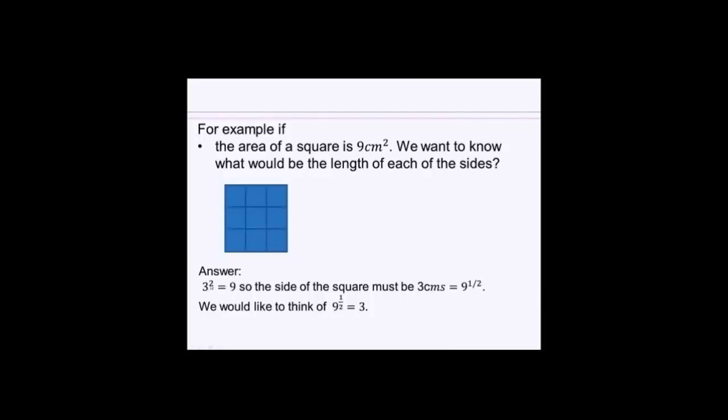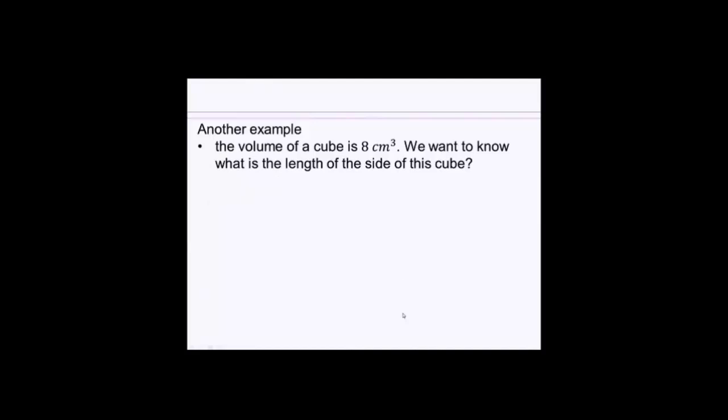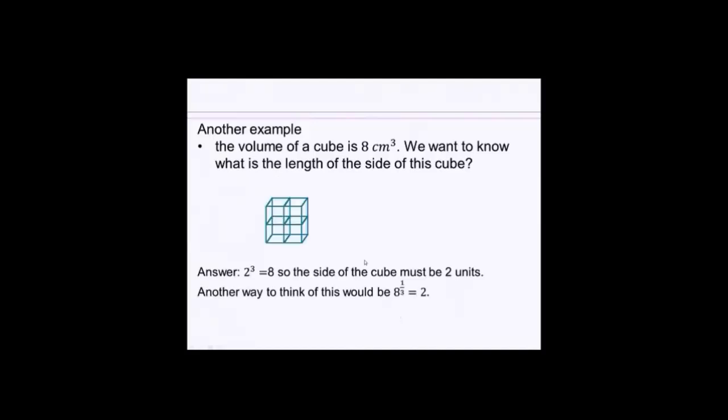Half of 3 squared, we want half copies of 3 squared, which would be a 3. And similarly, if you look at a cube, here are 2 layers, 1 2 3 4, 1 2 3 4, put together to form a cube. And so 8 to the power 1/3 can be thought of as the length of this cube here.